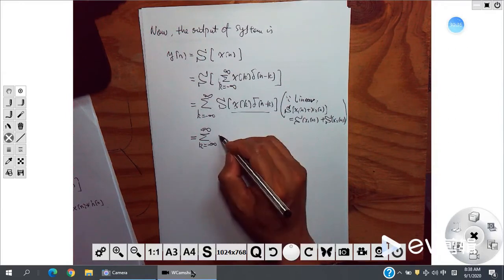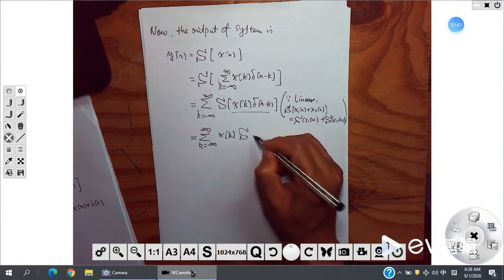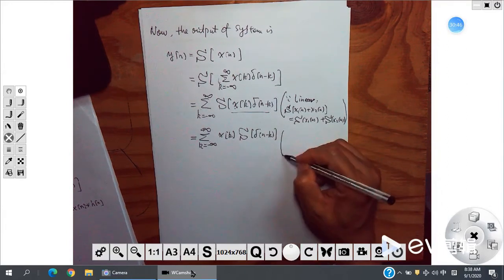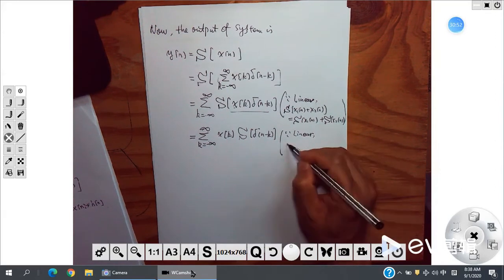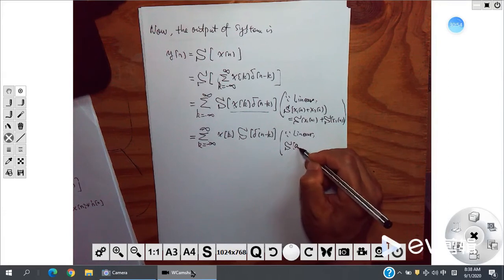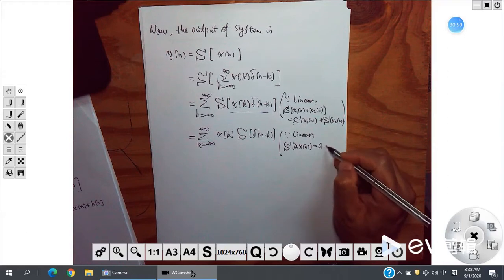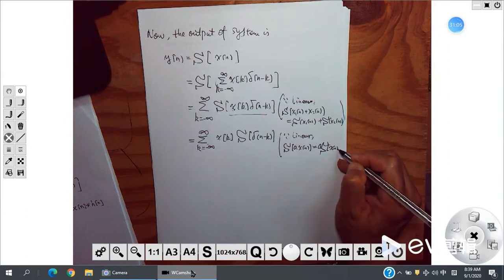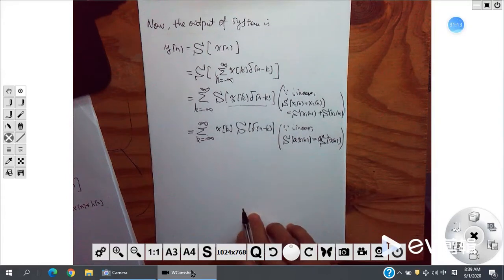I still use the property of linearity: I can move this constant outside, and then S of delta. This is also because of linearity. If you multiply a constant A on a signal and use it as input, you can move A outside the system. Okay, so we got this one.